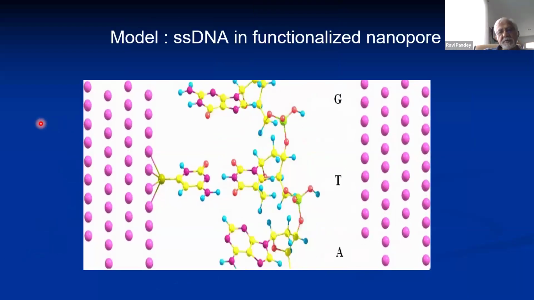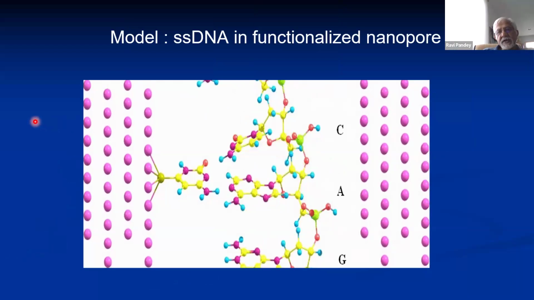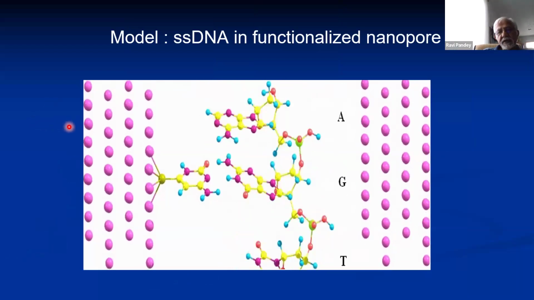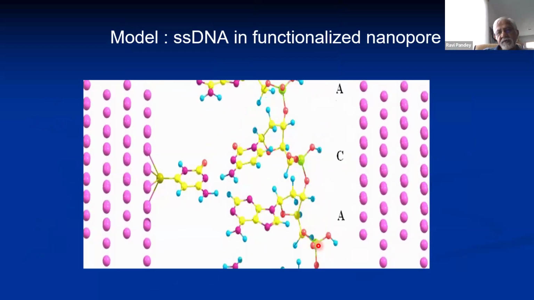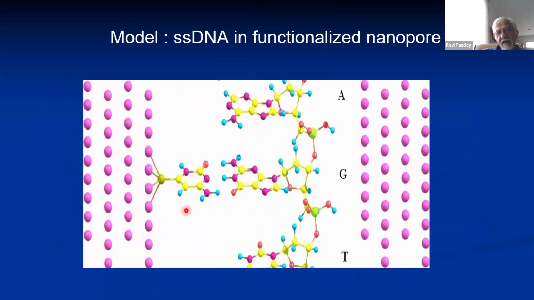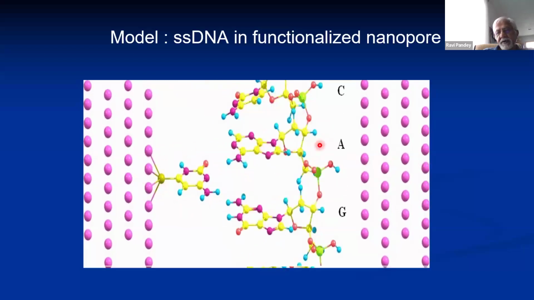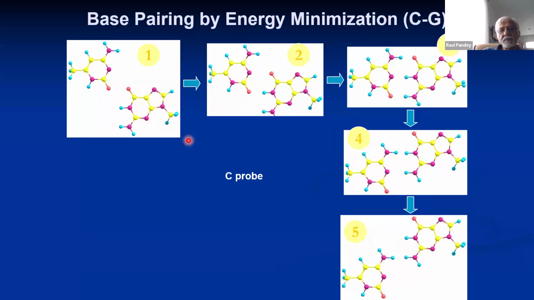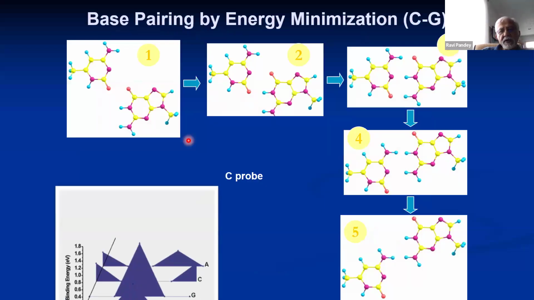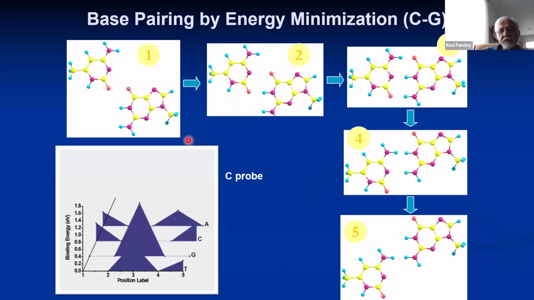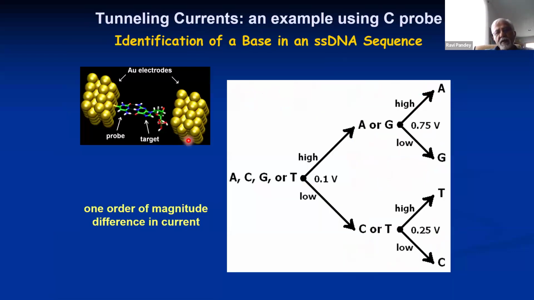So you can see here in the simulation, we are calculating the current as it passes through by varying this probe molecule, which is attached to our contacts. And from there, you calculate the energy surface and calculate the current also from there. There is an order of magnitude difference in current.